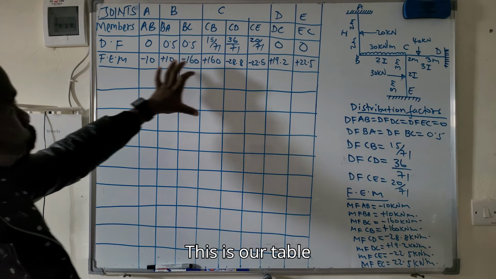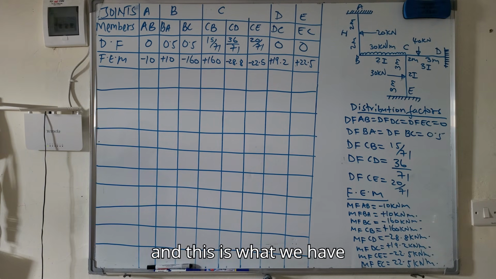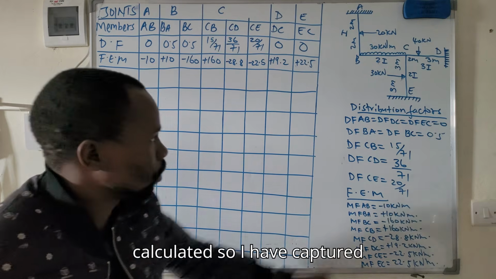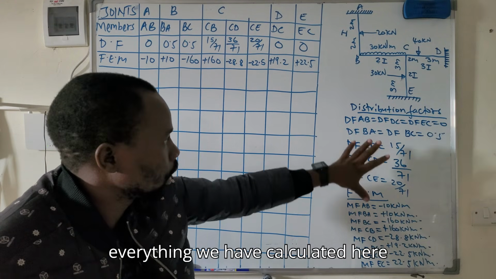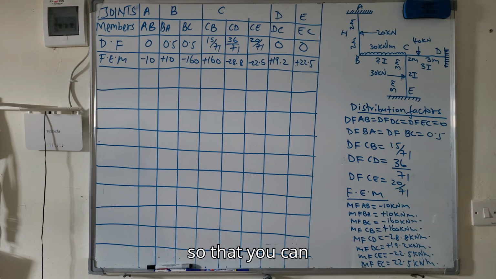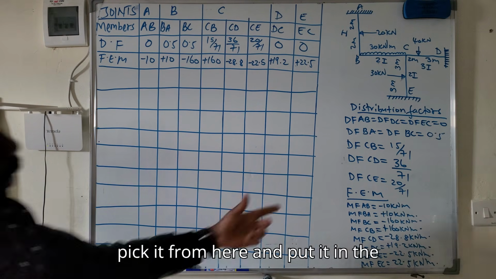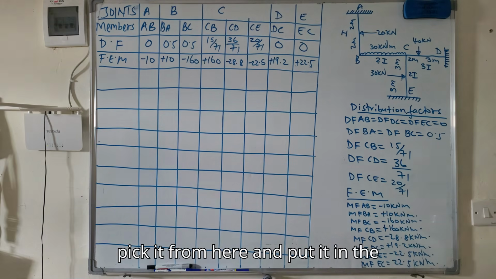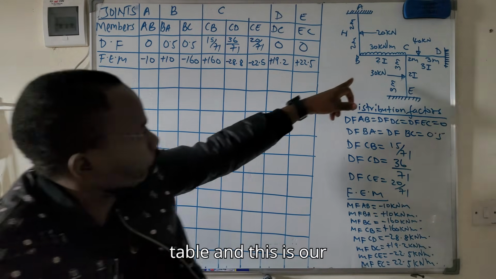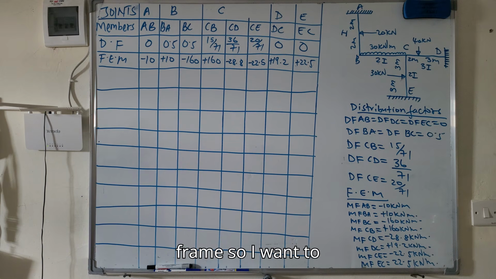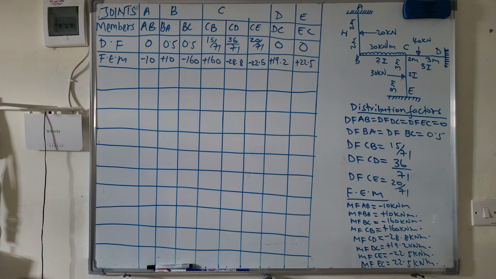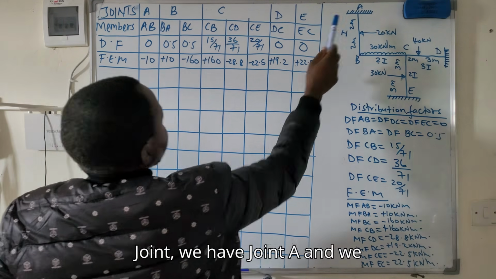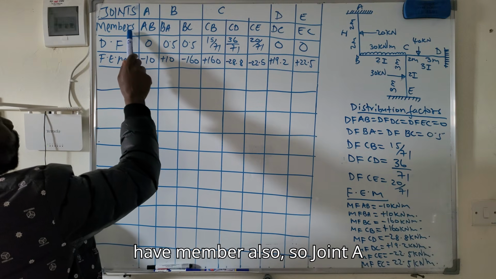This is our table, and this is what we have calculated. I have captured everything we calculated here so that you can take it from here and put it in the table. And this is our frame. In this table, under joint, we have joint A, and we have member also.